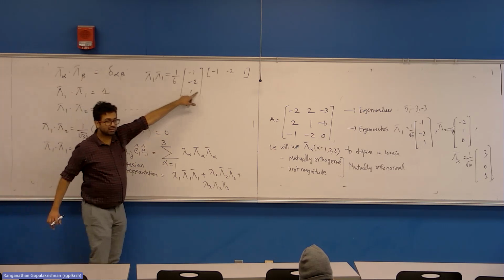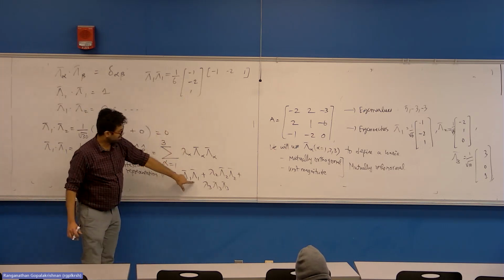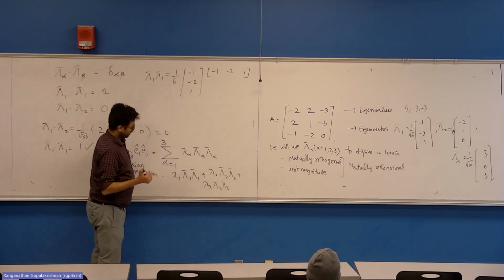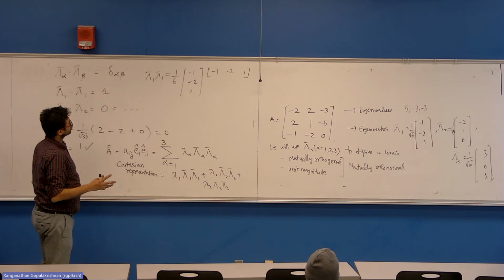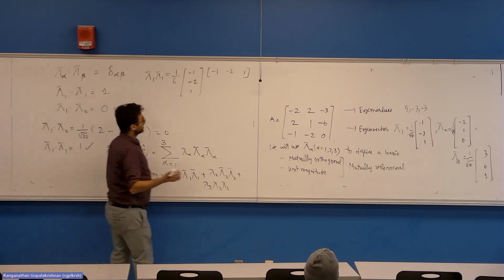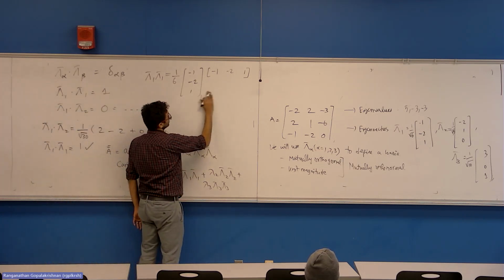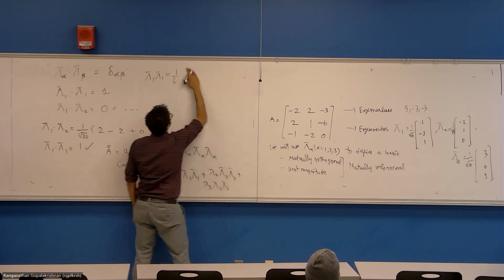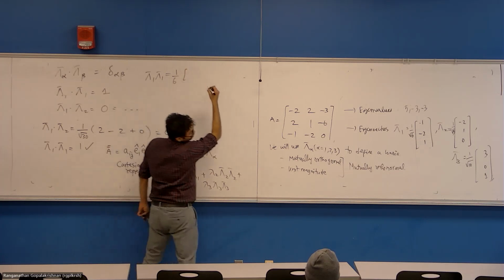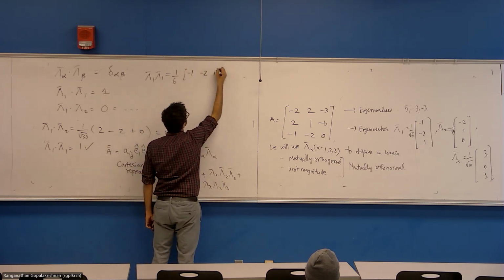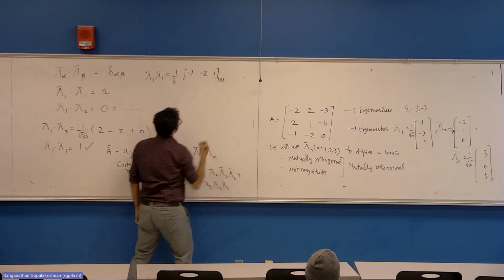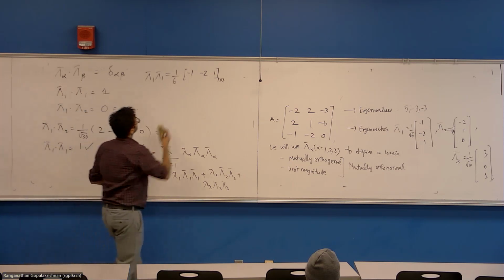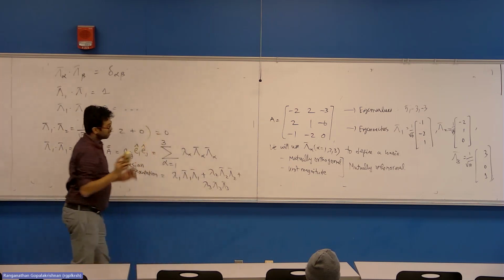Why am I writing it like this? To generate all the components of this tensor. In matrix multiplication, this is 3 by 1 times 1 by 3. Okay, let me do it the other way.